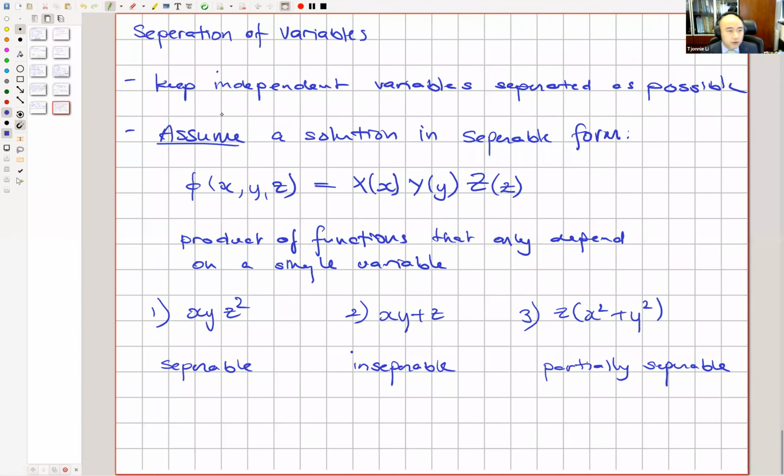Now, the second caveat, of course, is that it isn't always possible to find a fully separable solution. So this method only works for a class of problems where you can achieve separable solutions. And I just want to give you a quick minute to think.